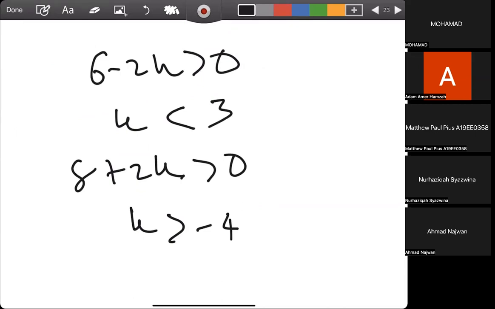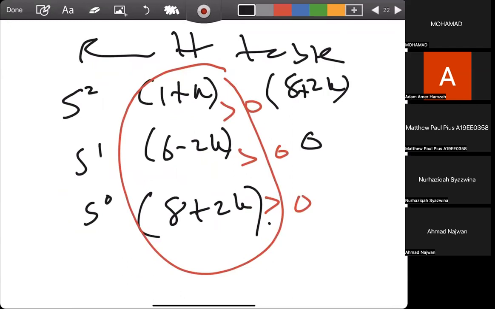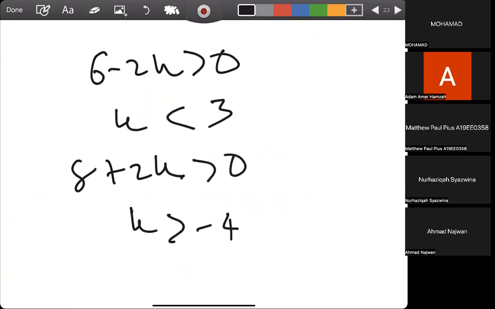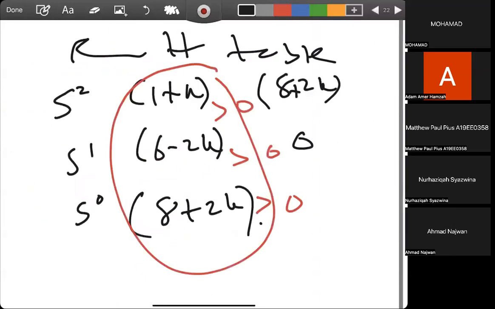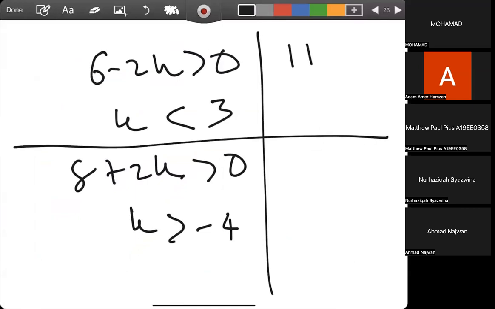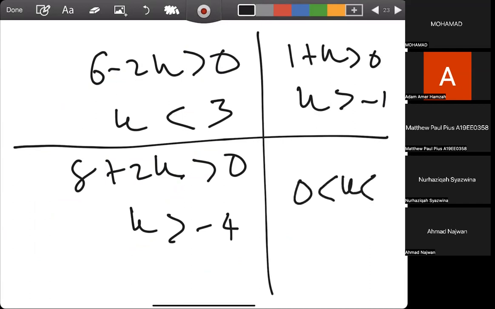So the range of k will be... 1 plus k greater than 0, so k is greater than minus 1. So the range of k is 0 less than k less than 3.